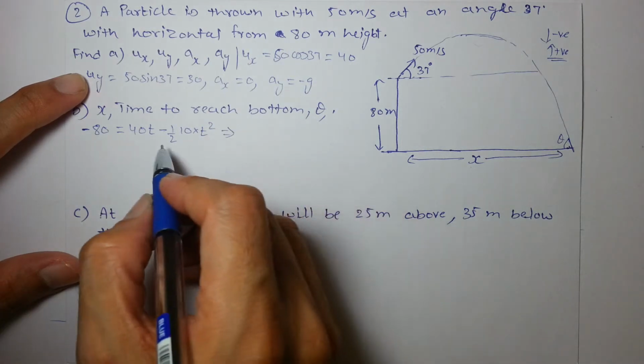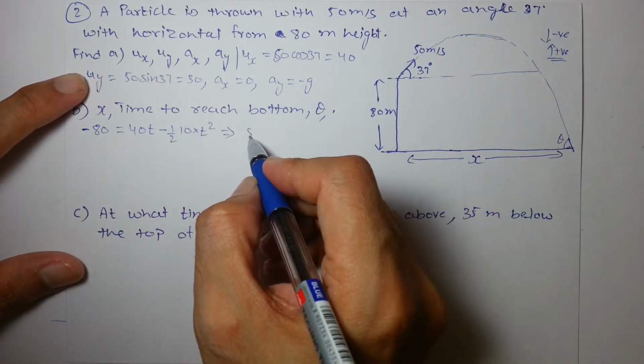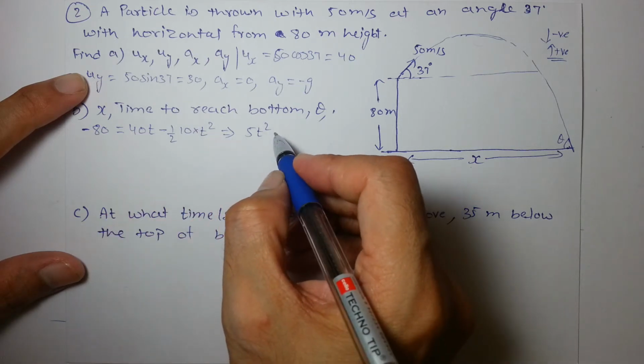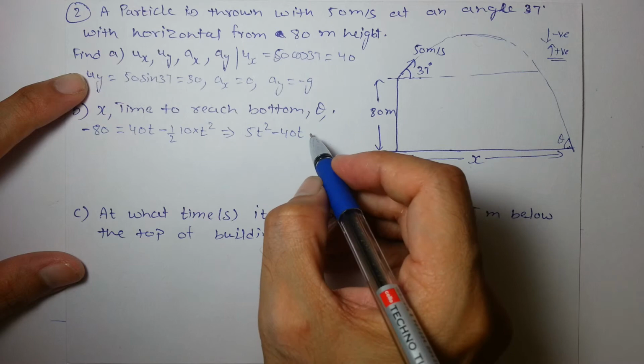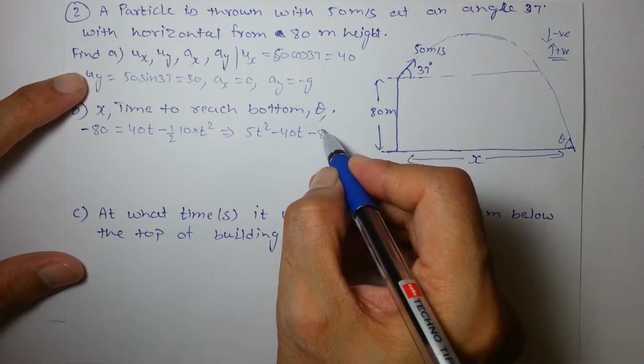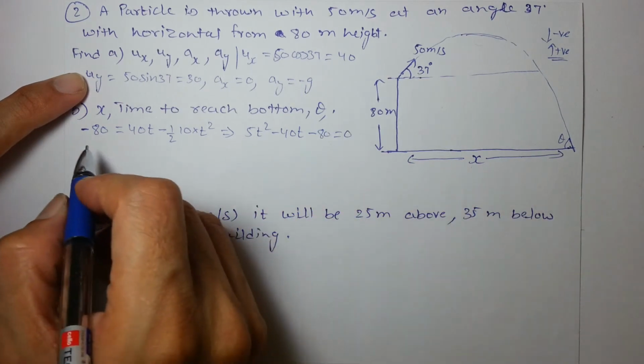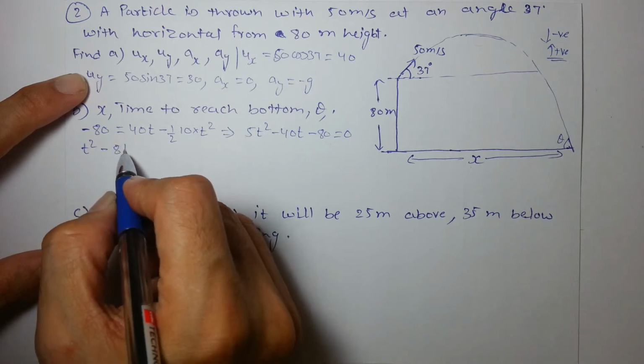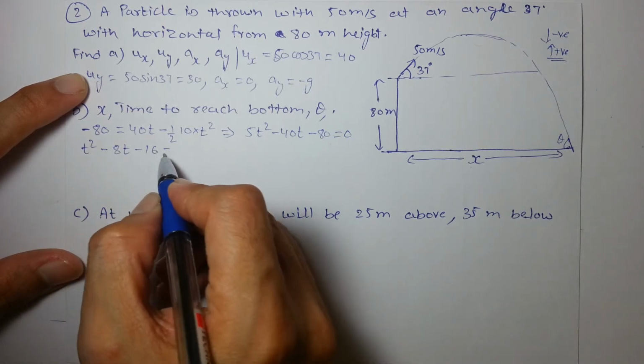So what I am getting, 5t square. Just resolve this equation. 5t square minus 40t minus 8t is equal to 0. Take the 5 common. We have t square minus 8t minus 16 equal to 0.